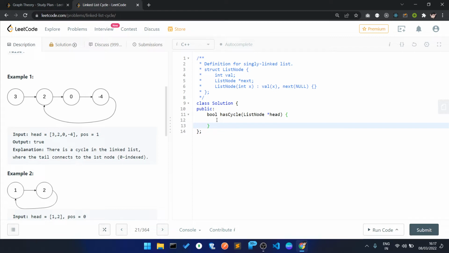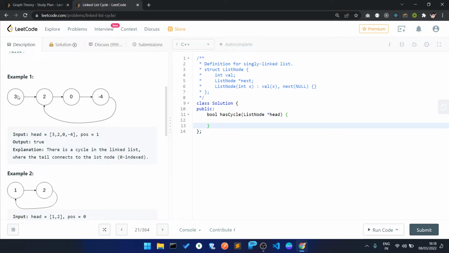If there is any cycle present, it is possible that both pointers point to the same node at a certain point of time.